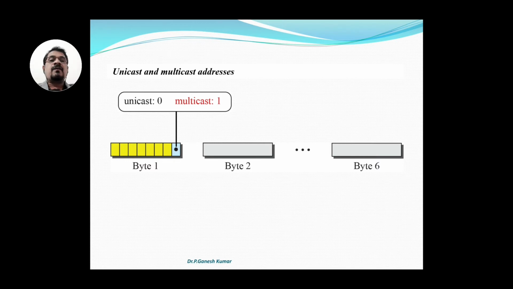With this help, the networking devices are able to identify what type of addressing is being used. In practice, whenever the first byte is an even number, it is unicast. If it is an odd number, it is the multicast addressing mechanism.